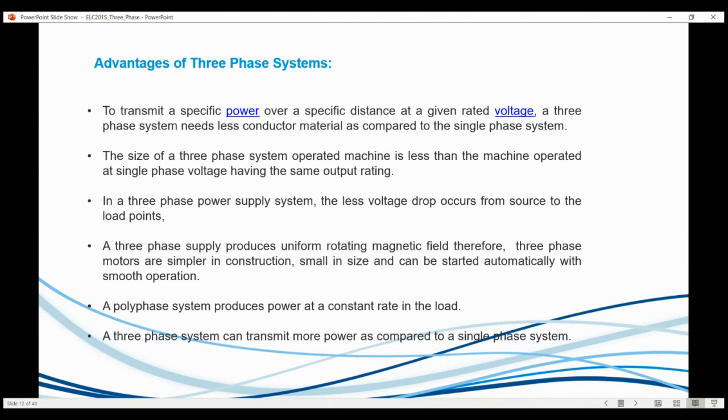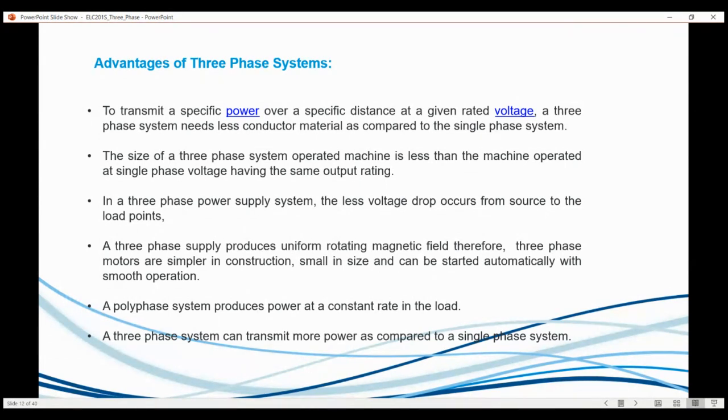A nice one is that the size of a three-phase machine is less than a single-phase machine. Typically a three-phase machine would be more compact and you can get more voltage, as we'll figure out why. A three-phase system also has less voltage drop from source to the load points.